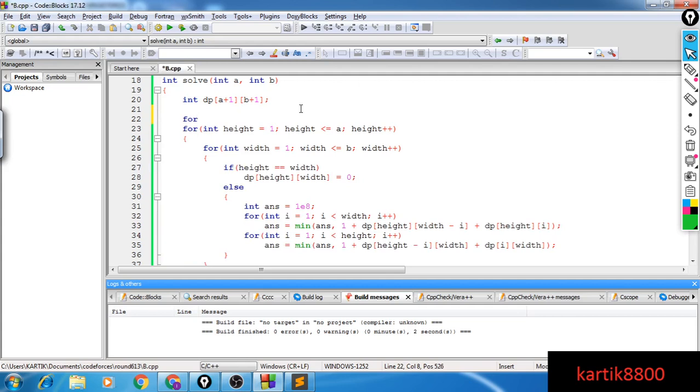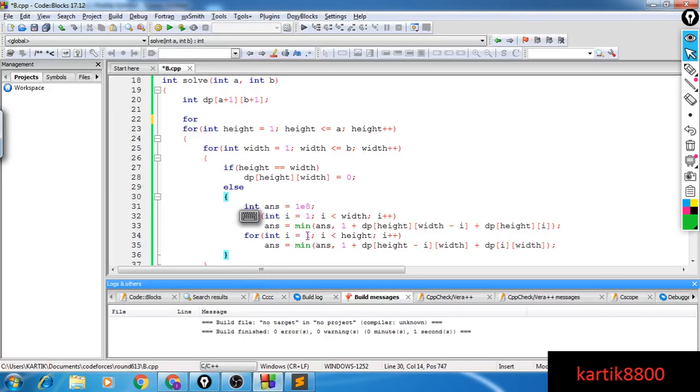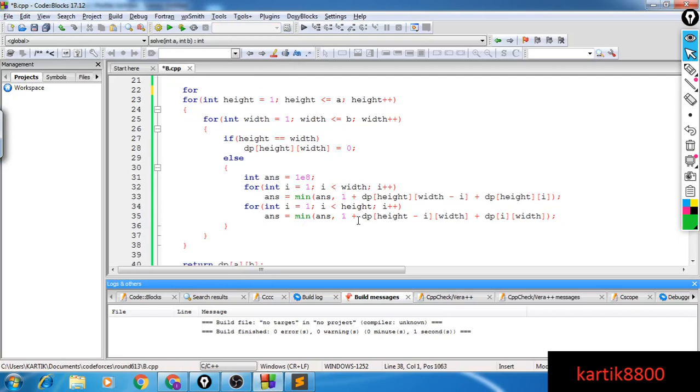Or do I need to do that? I don't think I need to do that. Okay, I never filled my DP array. That's the problem. At the end I need to fill the DP array also.